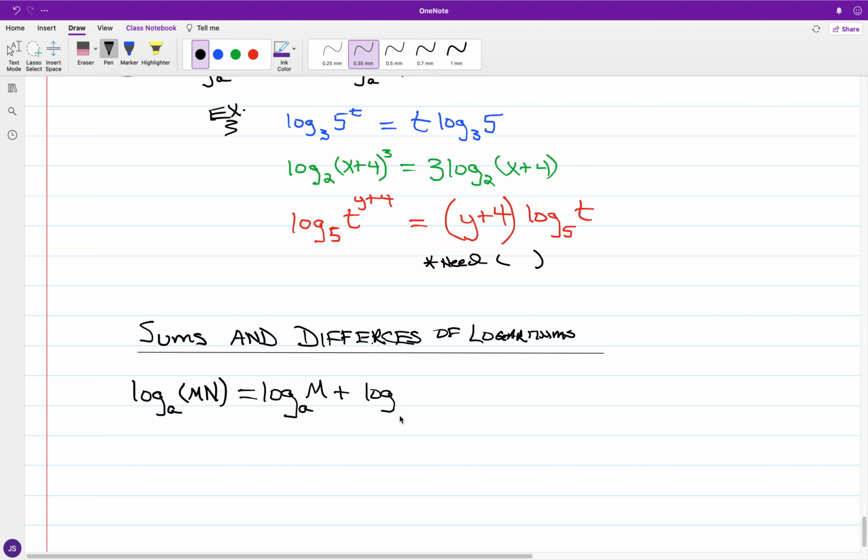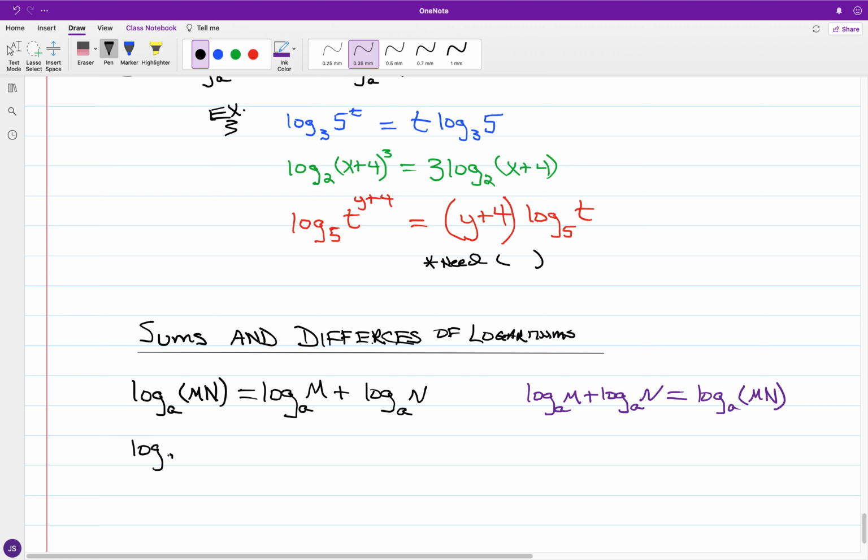So the base a logarithm of m times n is going to become the base a logarithm of m plus the base a logarithm of n. And the converse rings true: where we had the sum of separate logarithmic terms in the same base, addition is going to translate to multiplication. So you're looking at the base a logarithm of m times n.